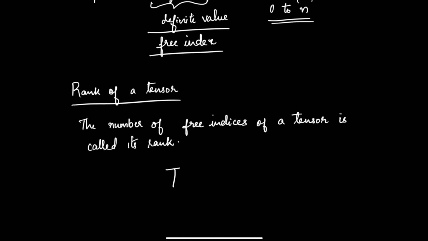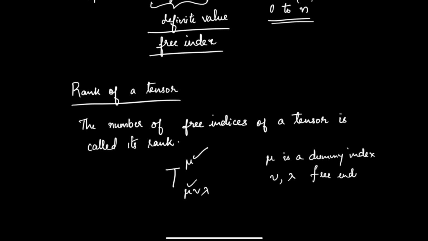So if you have a tensor T^mu_mu nu lambda, here you can see mu is a dummy index, right? Because mu is appearing twice. So mu is a dummy index. And nu and lambda are appearing only once. Therefore, they are the free indices, right?